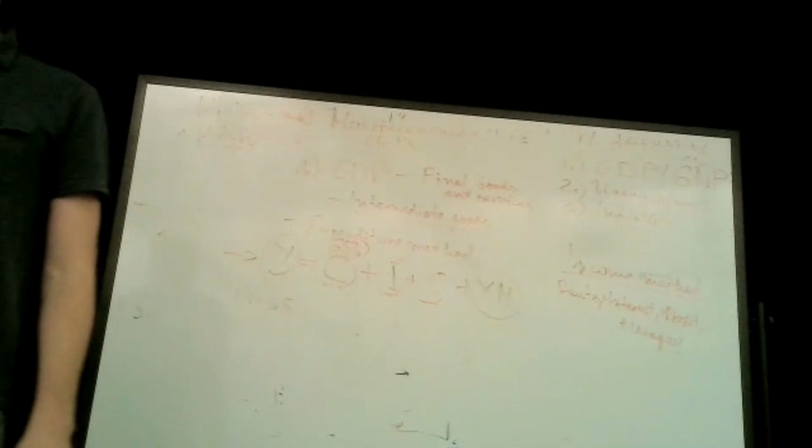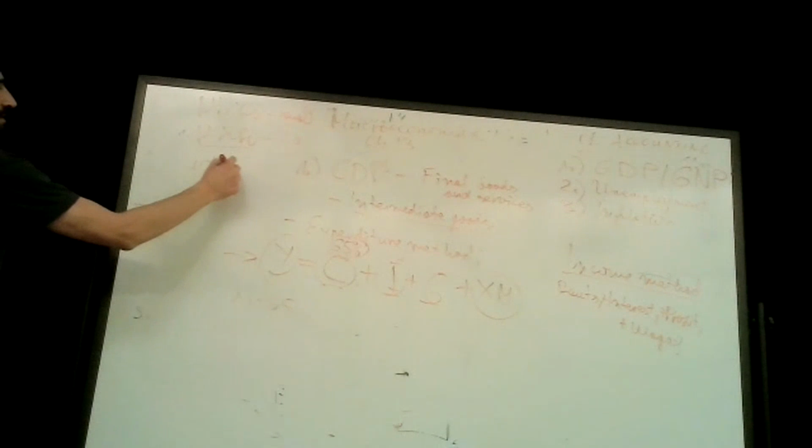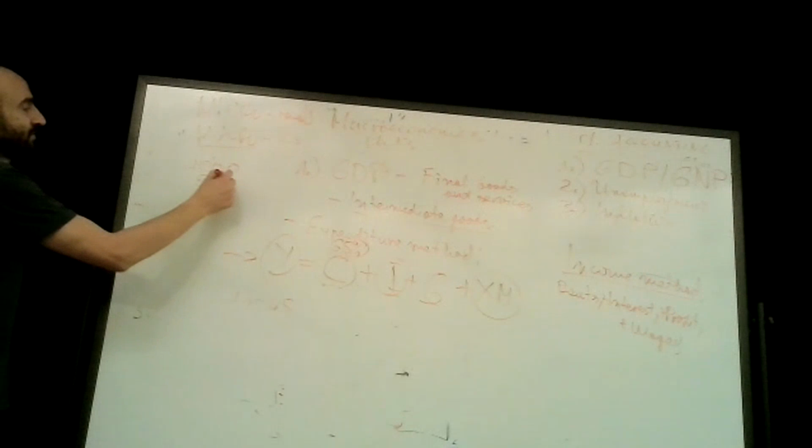So what is the employment rate? Employment rate is the number of people who work full-time divided by total non-institutional population. So let's say you have 1,000 people, a small country, 1,000 people satisfying the description between 16 and 65 and non-institutionalized, and you have 950 people who are employed.